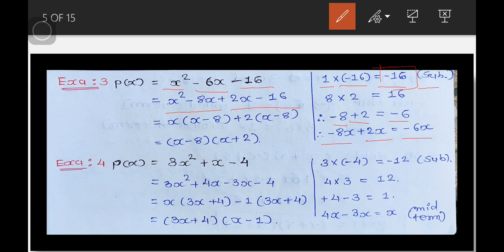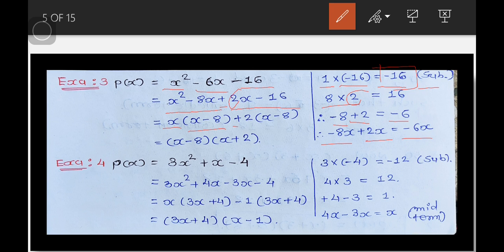Now here you can see that x is a common term. From x square we can extract x, and from 8x we can extract x. So x is a common term, we extract it, and the remaining part is x minus 8. Now here the given sign is plus, so we put a plus sign, and here you can see that in 2x, 2 is a common term, because we divide 16 into 8 twos.